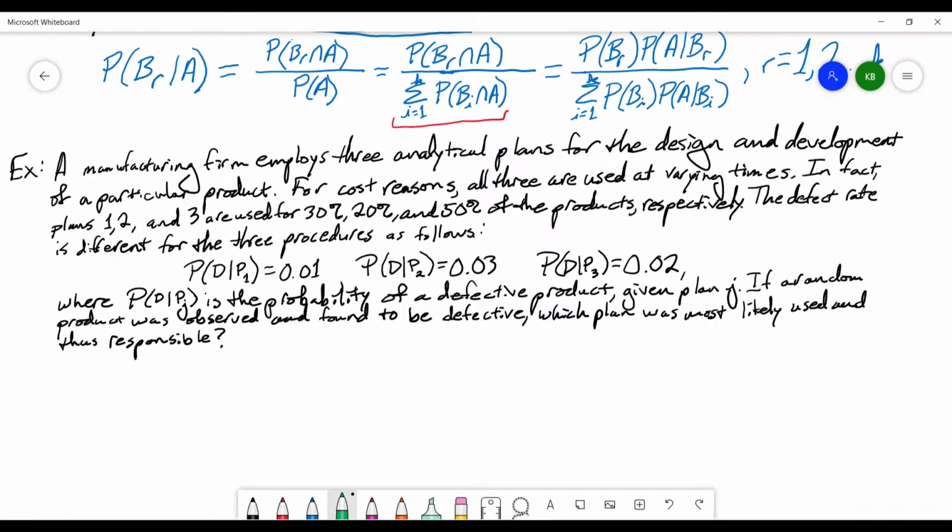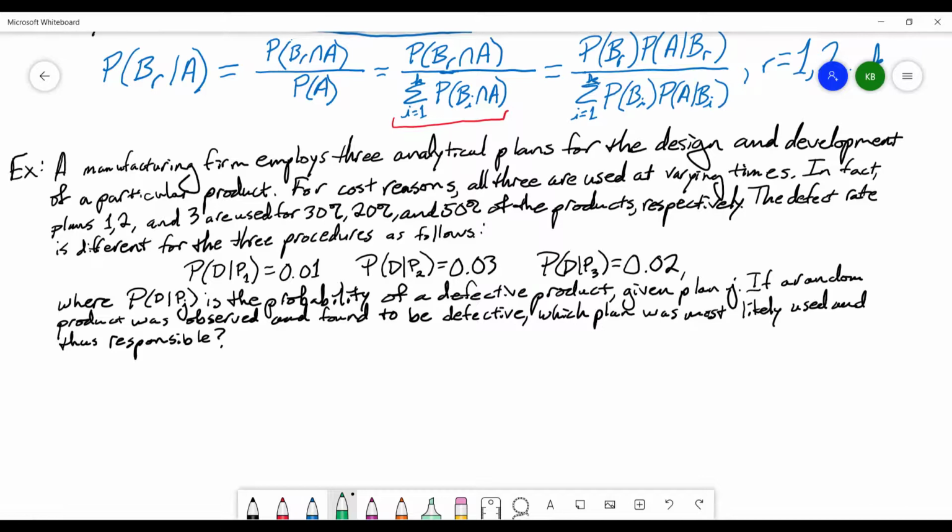So here's an example of when we might use Bayes' rule. We have a manufacturing firm that's employing 3 analytical plans for the design and development of a particular product. For cost reasons, all 3 are used at varying times. In fact, plans 1, 2, and 3 are used for 30%, 20%, and 50% of the products respectively.